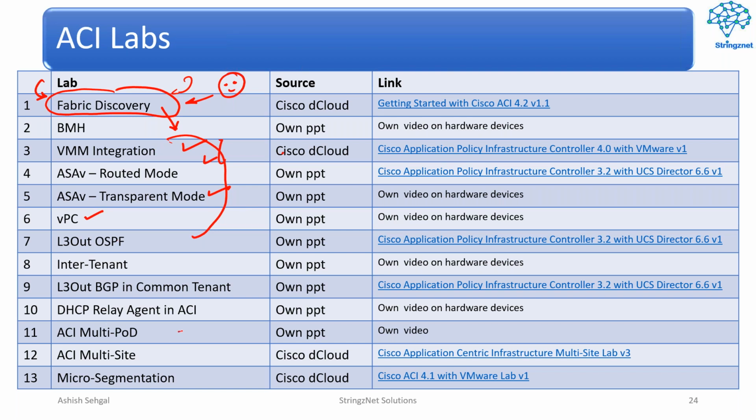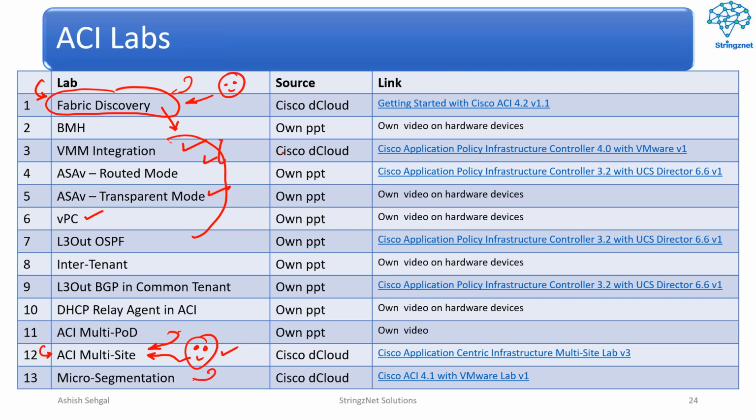And then I was talking about the multi-site. Currently, at least in India, no institute has such a robust hardware lab wherein ACI multi-site can be demonstrated. This is again, thank you very, very much to dCloud. This is doable in our Cisco dCloud.